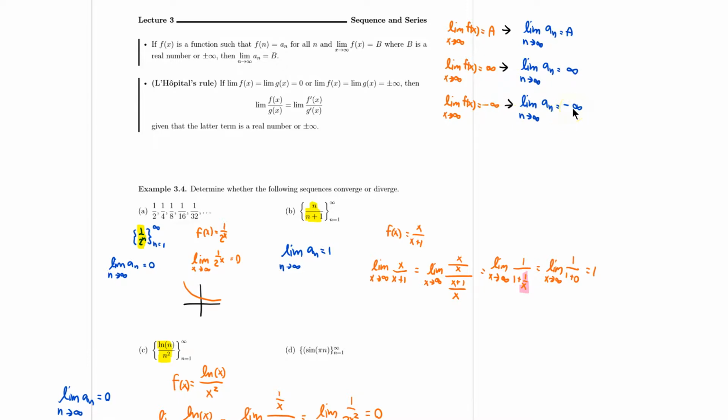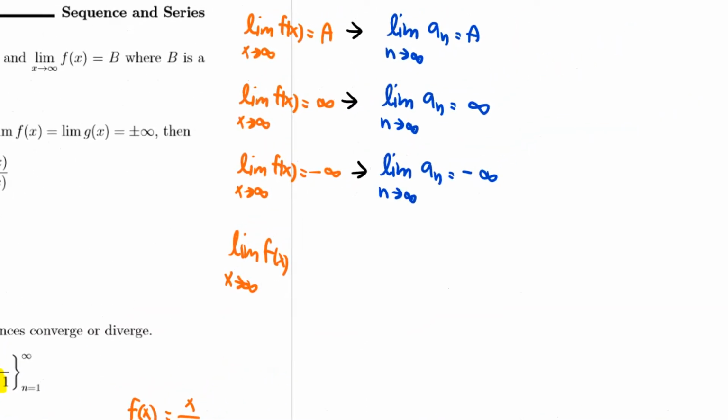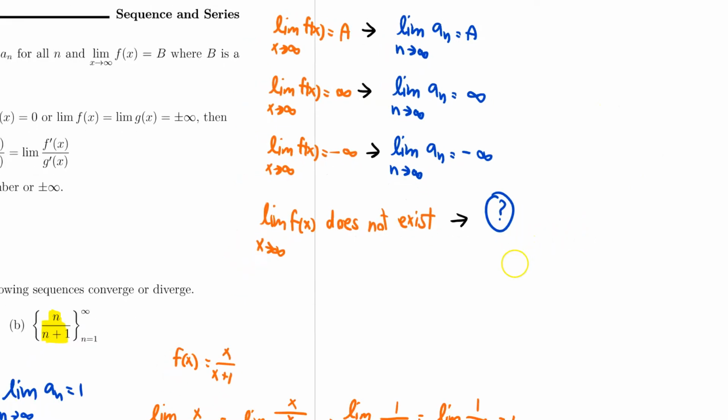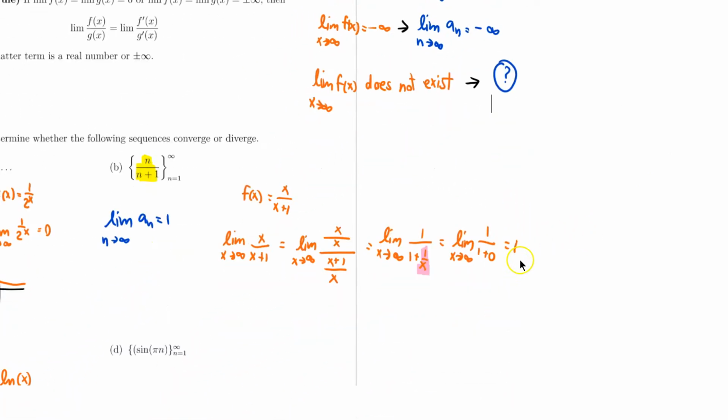However, if the limit of the function does not exist, then I can't conclude anything about the limit of the sequence. This is what happens in the last example here.